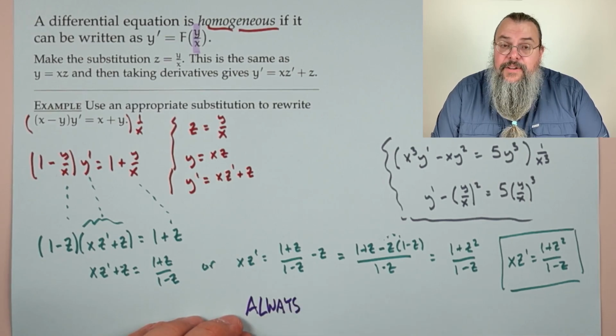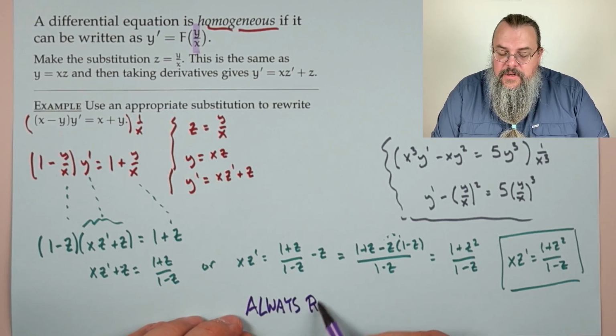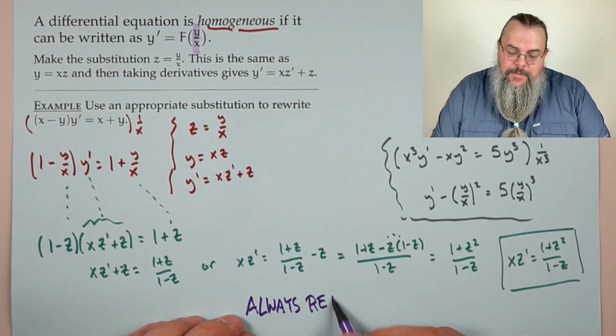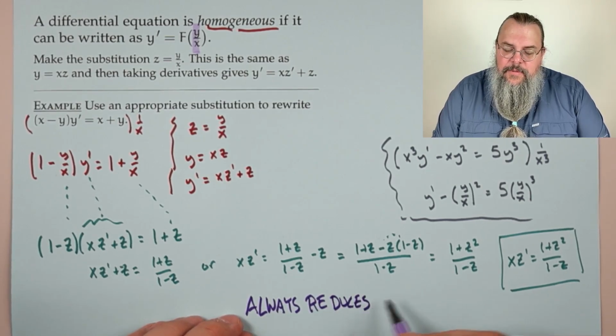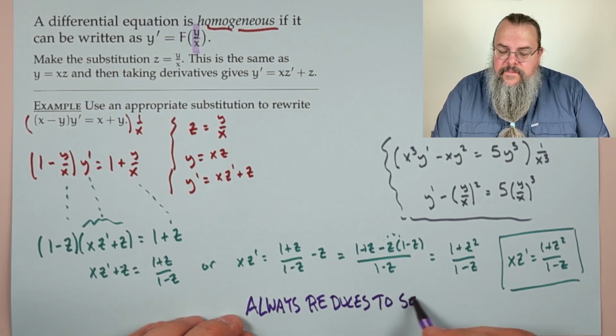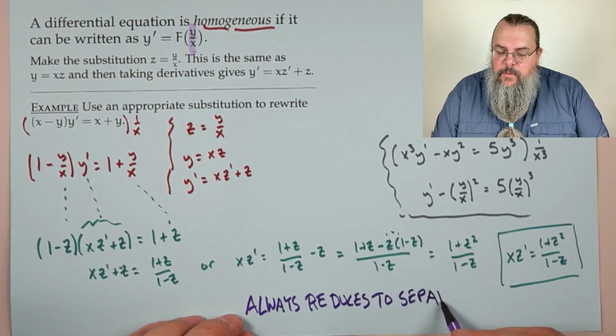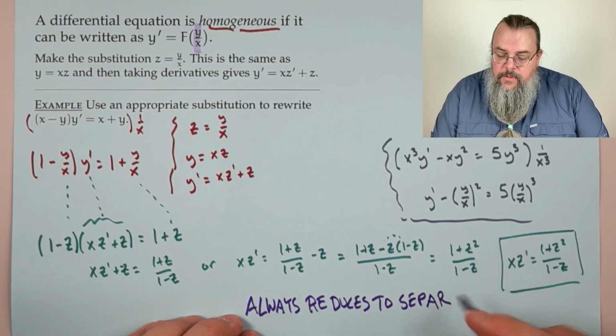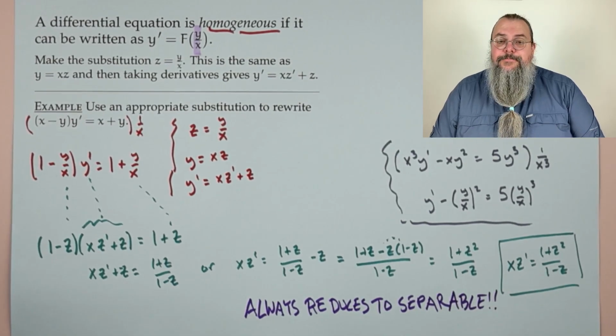And we know how to solve separable. In theory, of course, it just comes down to whether we can handle the integrals. So that's the nice thing: when we have homogeneous, we have a way to solve it. All right, good to know.